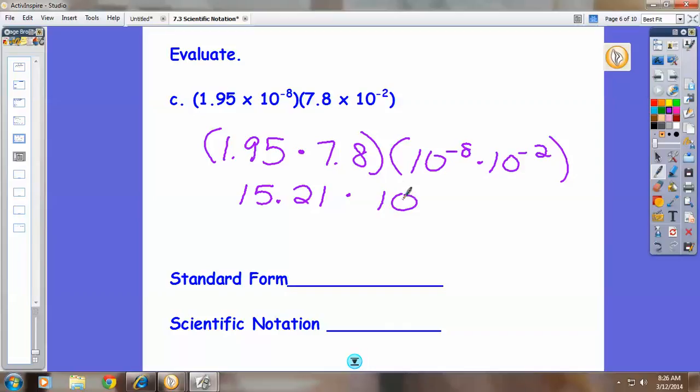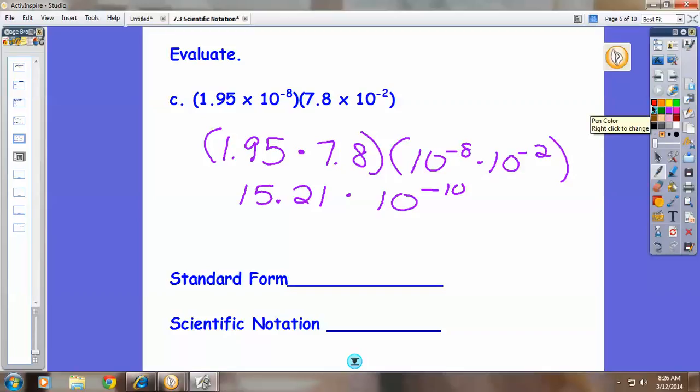Times 10 to what power? Negative 10. Be careful, negative 8 plus a negative 2. Is this in scientific notation? No. We could easily put it into standard form though. We're going to move our decimal in what direction? Left.